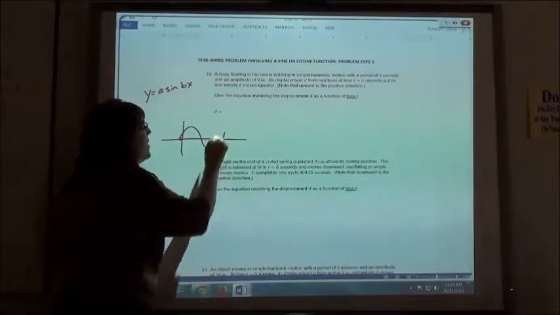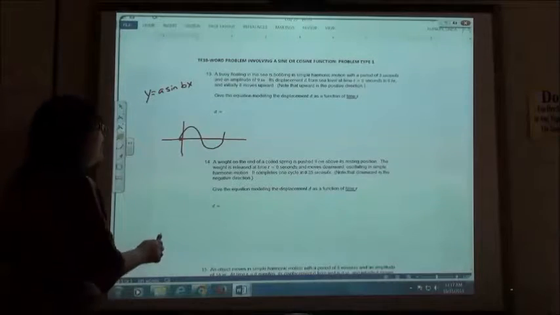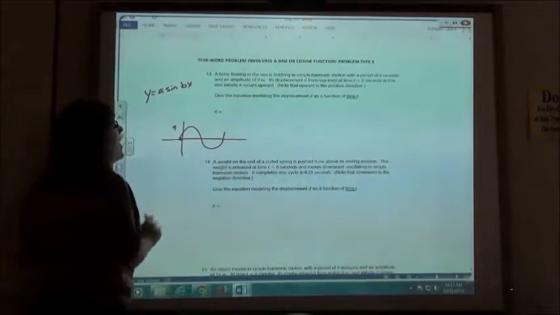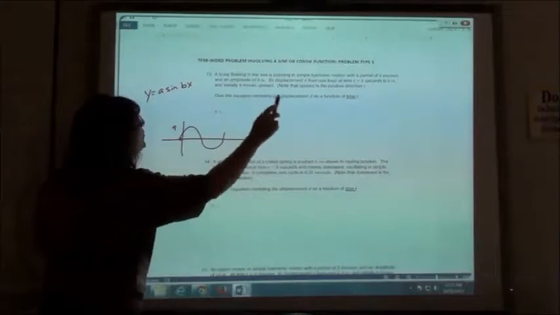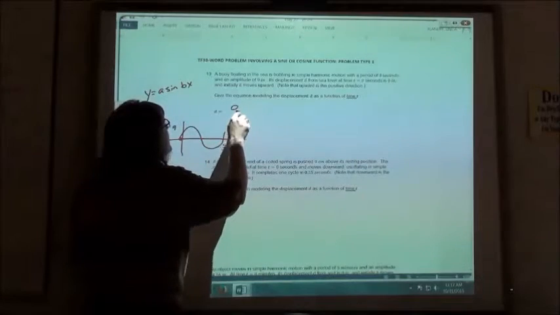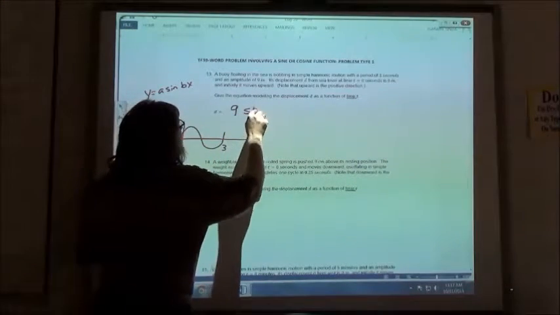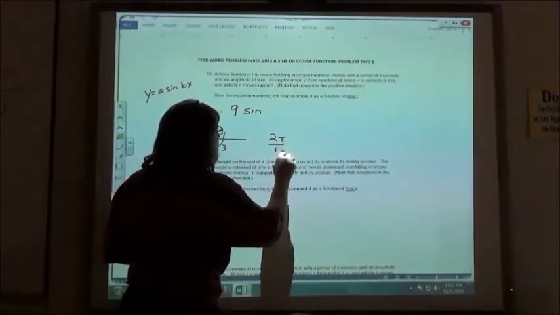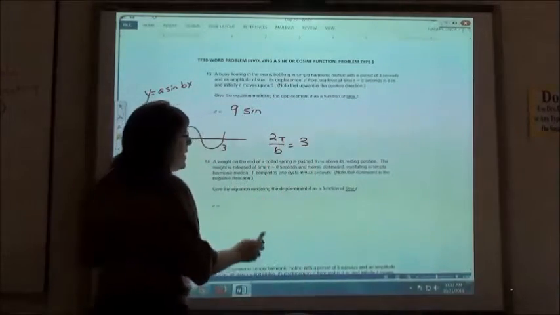It has simple harmonic motion, so we're going to have our sine curve. The amplitude, it says, is going to be 9. And the period is 3 seconds, so one cycle would take 3 seconds. So I'm going to have D equals 9 sine of, again, we're going to have 2 pi over b to equal the period of 3.